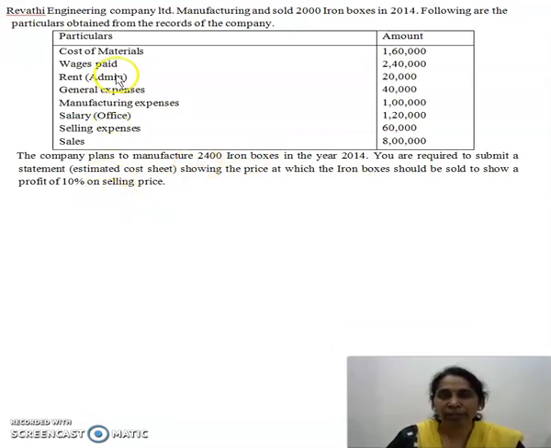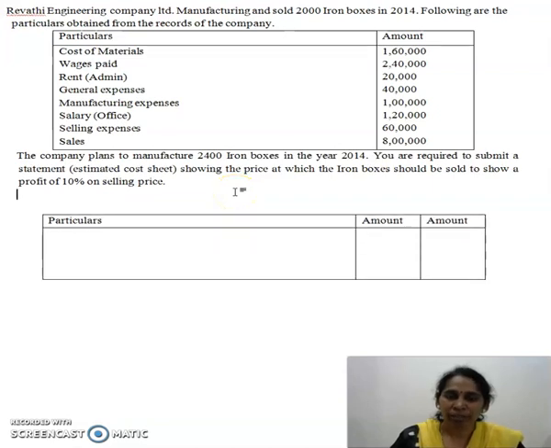Before going to that, you should know the basics of a cost sheet, that is, the basic steps. The first step we know very well: we have to calculate the prime cost. Okay, shall we start? So this is the format, solution.